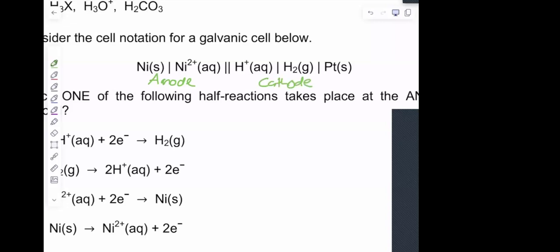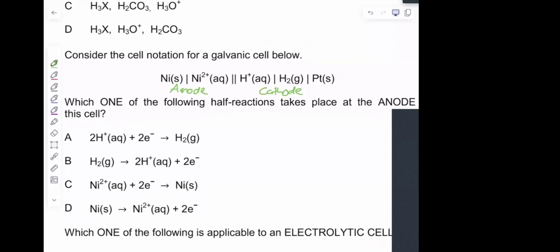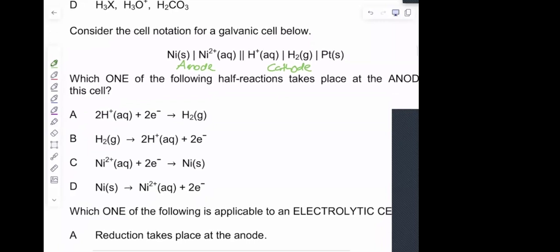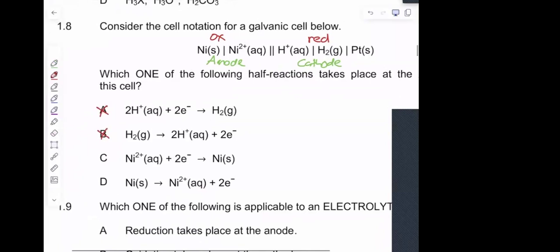So already I know that the anode is going to be on the left side of my reaction. Or you can say we do oxidation and then reduction on our cell notation. So immediately I know it's not going to be A. I know it's not going to be B. Sorry, my screen just froze there.